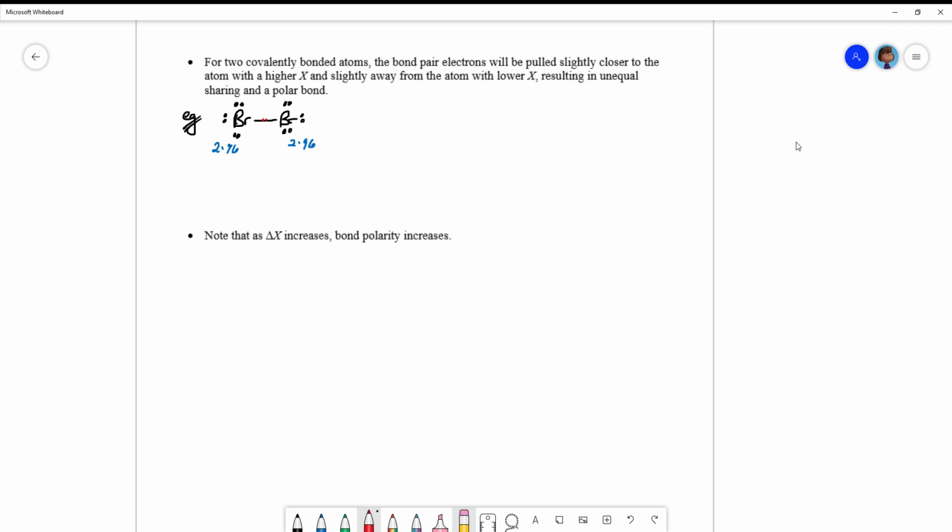So there's that shared pair of electrons. And so I can say over here that the bond pair electrons, on average, are right between both bromines.